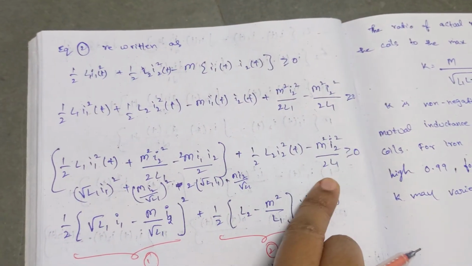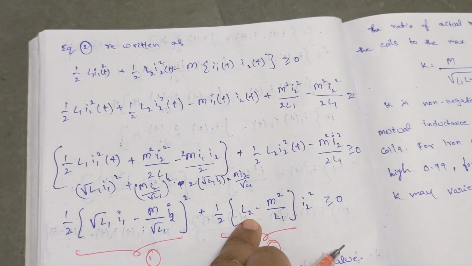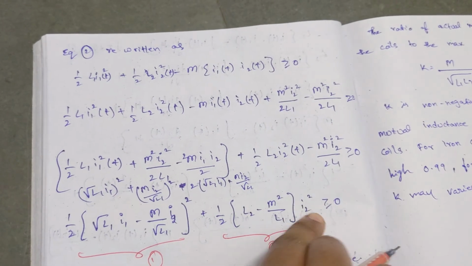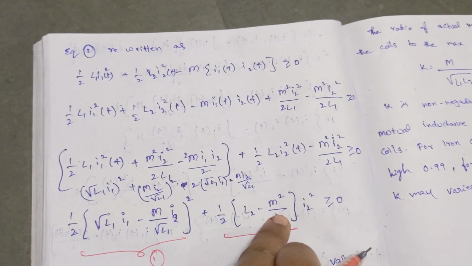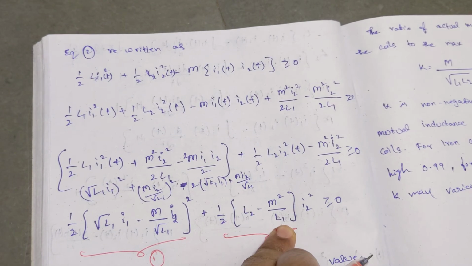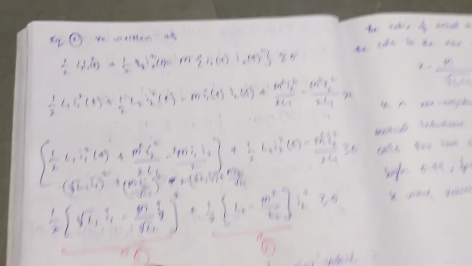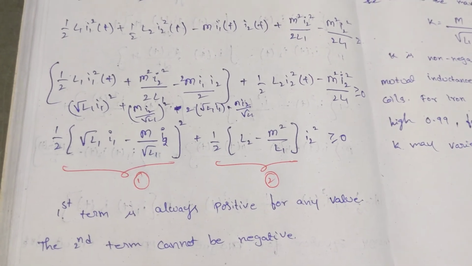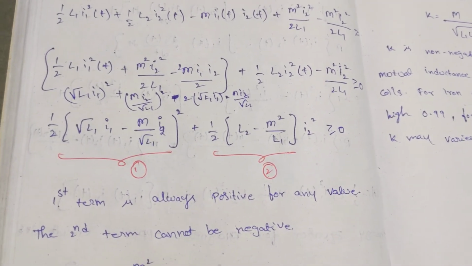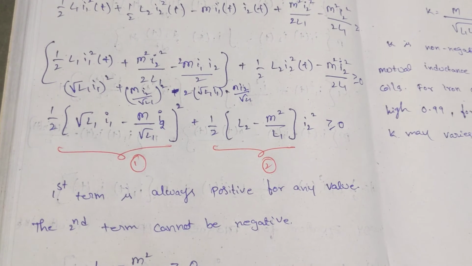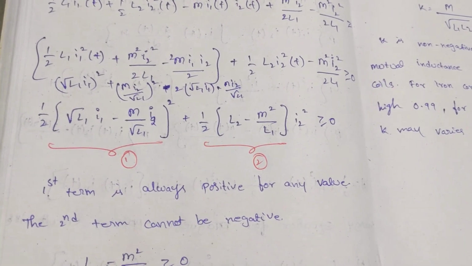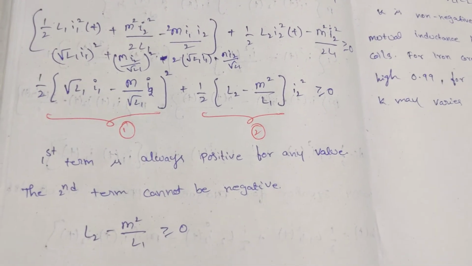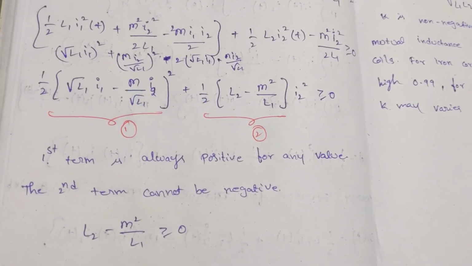For the rest of the terms, I bring out I2 square common, so half L2 minus M square divided by L1. Of these two terms, the first term is always positive because it is a square, whether the value inside is positive or negative. So the only condition is that the second term should not be negative.